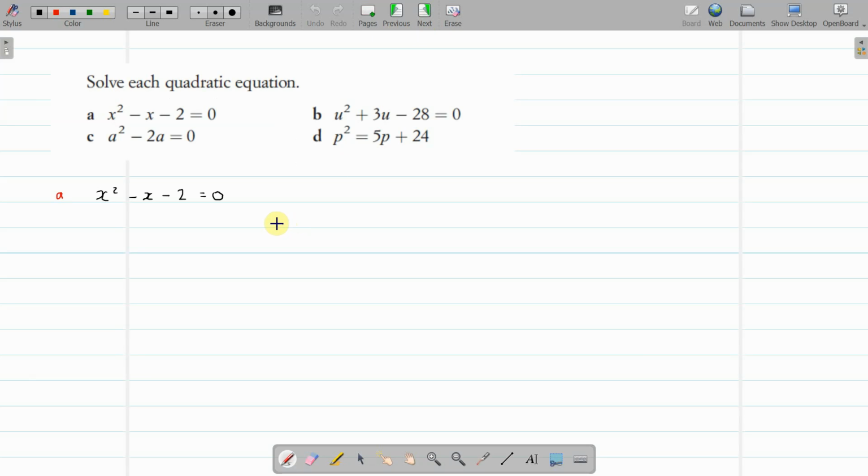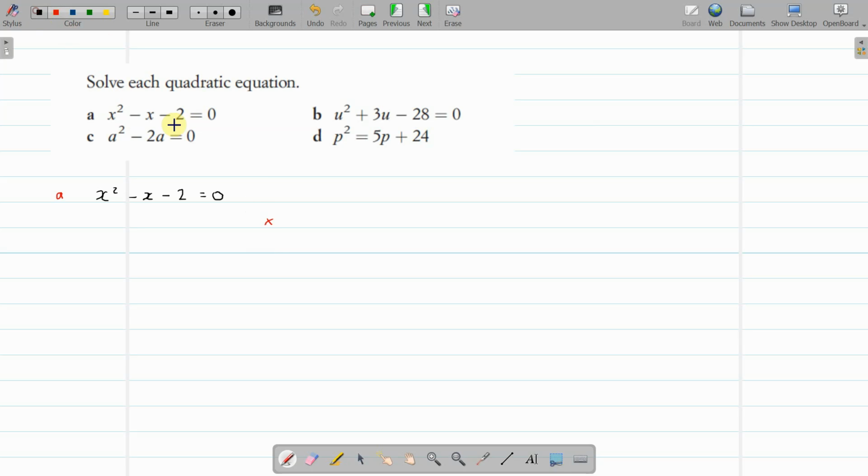Now we have a few more examples that look a bit different, but that's okay. It's still the same process. So for this first one, I've just written it again down here: x squared minus x minus 2. So we'll look here first. What two numbers, when you multiply them, get you minus 2?